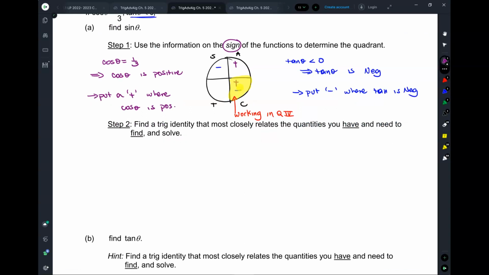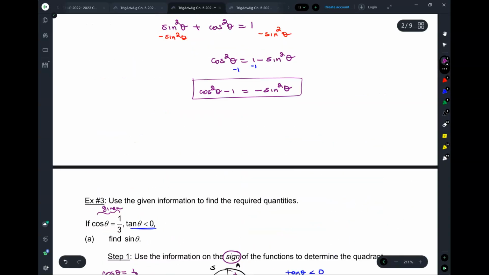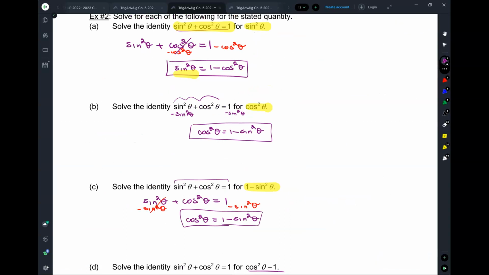Next, find the trig identity that most closely relates what you have and what you need to find. I have cosine. I need sine. Usually you're going to use a Pythagorean identity for this.